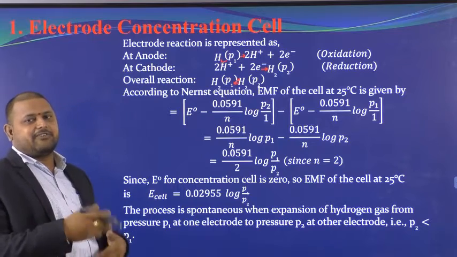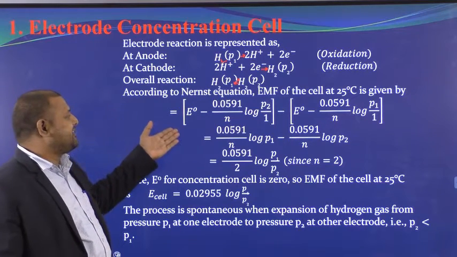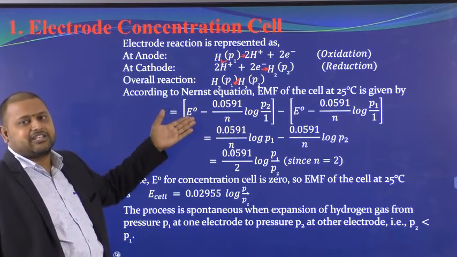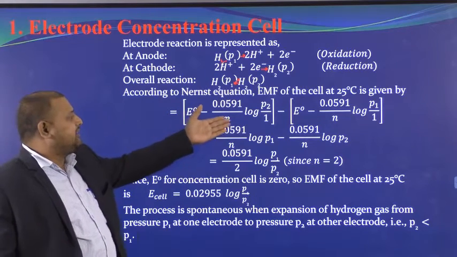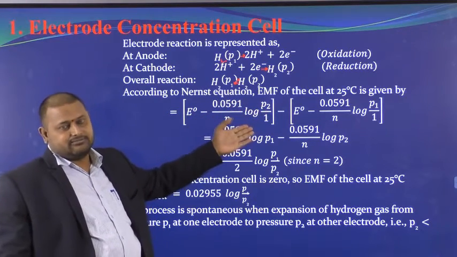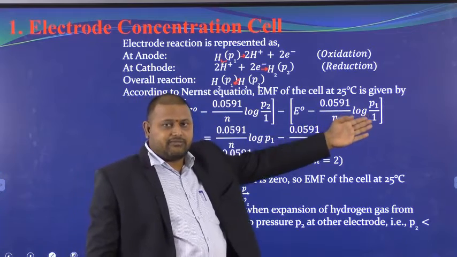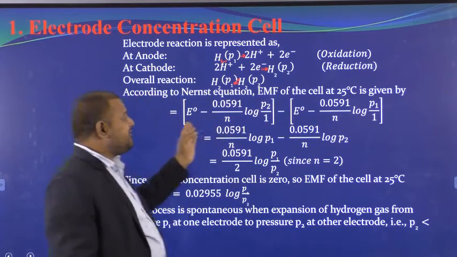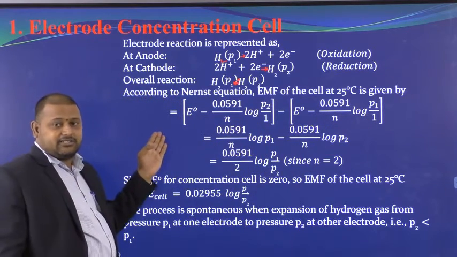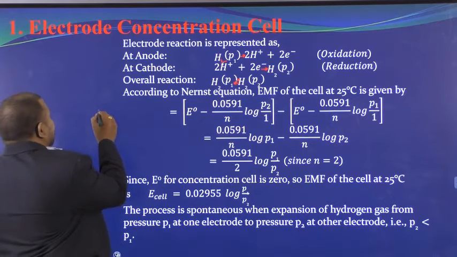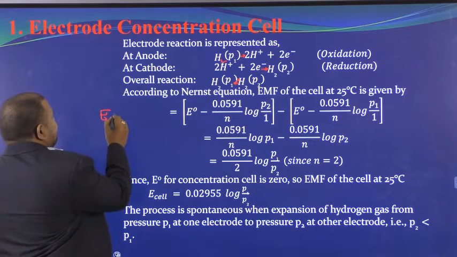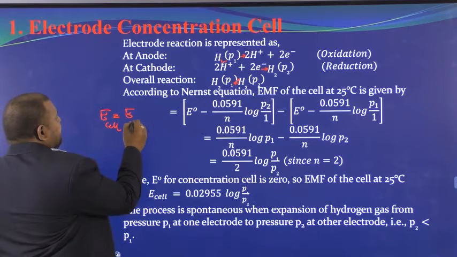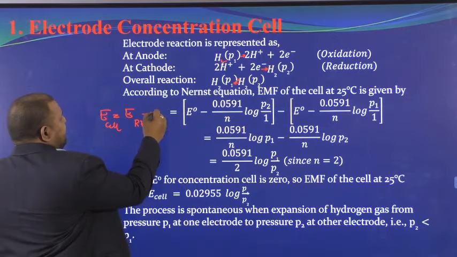Now calculate the EMF of the cell. EMF of the cell is E0 minus 0.0591, Nernst equation, into log of P2 by 1, and here it will be P1 by 1. Why P2? EMF of the cell is given as E cell is equal to E cathode minus E anode, that is, E RHS minus E LHS.